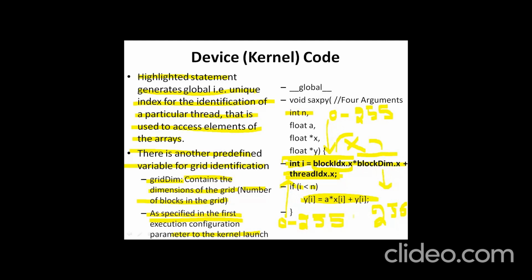We can't say that all the threads are being launched by one kernel, because then they will not be able to execute properly, or it will give some error, or it will hang. So we have to divide the resources between multiple grids.